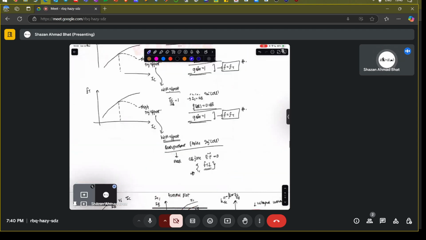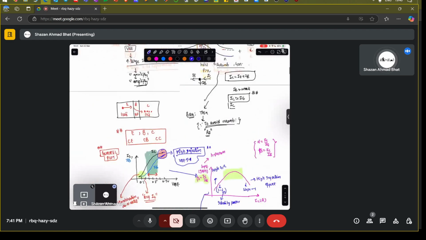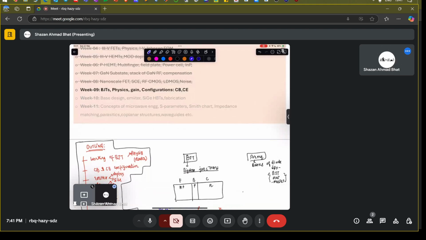What we have tried to cover is certain effects in the BJTs, and in the next lecture we are going to see III-V and silicon germanium HBTs.